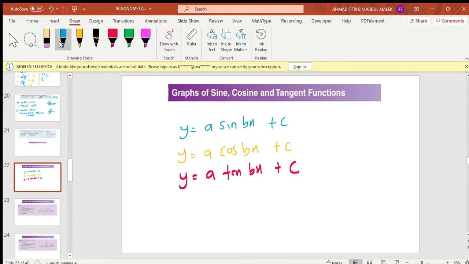So these values a, b, and c are referring to the same thing.